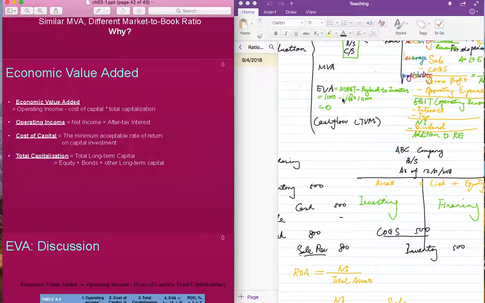For instance, if this firm generates net operating profits of $1,000, that's this year's net operating profits. But the firm cannot keep all these profits for itself for reproduction. Instead, the firm needs to pay back the investors. So for instance, if the investors, combining shareholders and creditors, debt and equity, contributed $10,000 at the very beginning of the year, and they require 10% return, which is what we call the cost of capital.